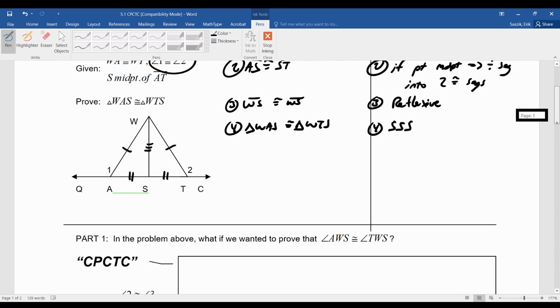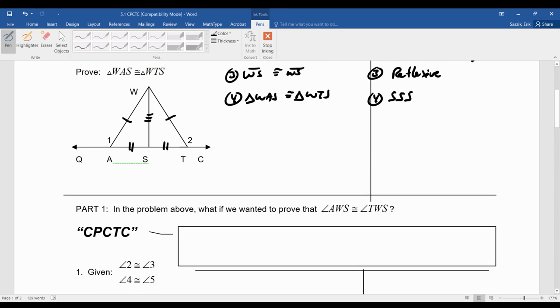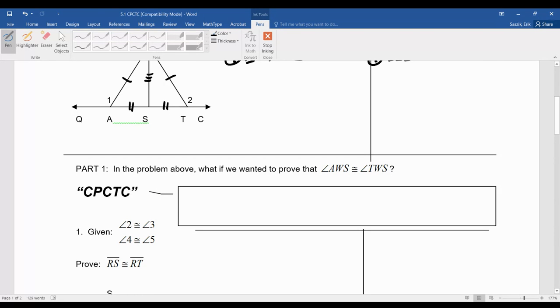Okay. Now, what we're going to do today in chapter 5 is we're going to move on. We've noticed in proofs that a lot of times we finish with congruent triangles. But usually we don't finish with congruent triangles. Usually we prove triangles congruent and then take additional information from those triangles, okay?